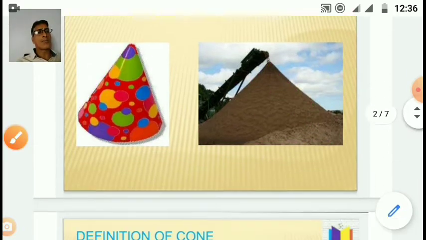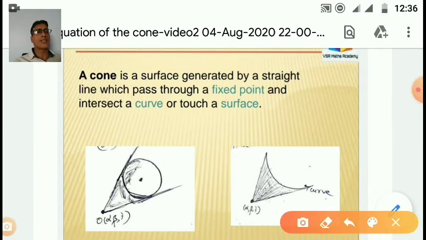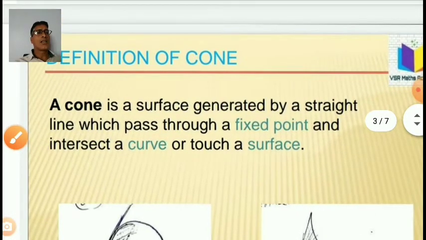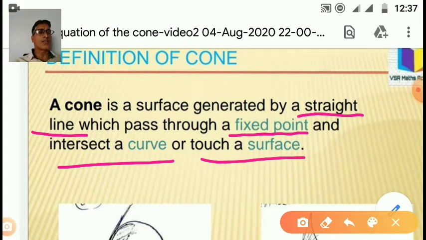So what are the components of a cone and what is the definition of a cone theoretically? Actually, a cone is a three-dimensional object. It will have both volume and surface area. It must have volume because it is a three-dimensional object. You can see the definition of a cone here. A cone is a surface generated by a straight line which passes through a fixed point and intersects a curve or touches a surface.